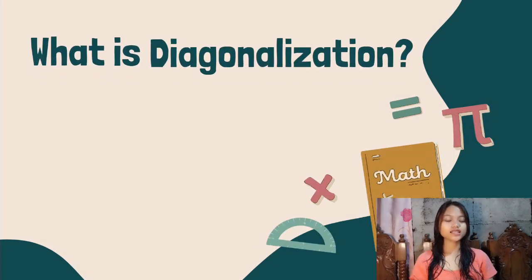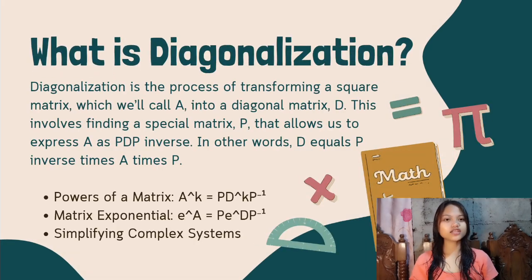Introduction. What is diagonalization? Diagonalization is the process of transforming a square matrix, which we'll call A, into a diagonal matrix D. This involves finding a special matrix P that allows us to express A as PDP inverse.